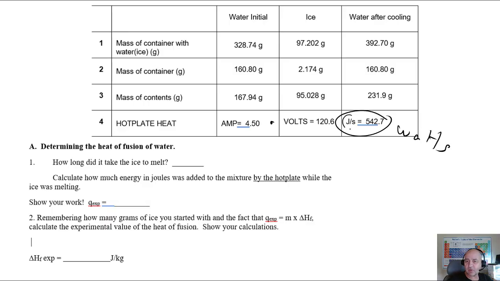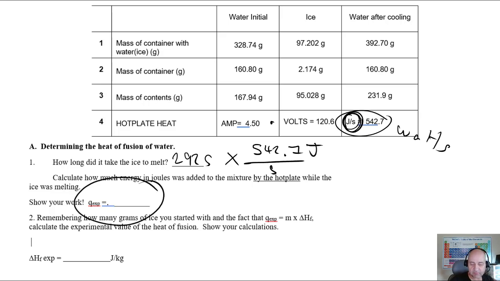And so this turns into watts, turns into joules per second, and we can easily use that to calculate the heat output from the hot plate. So if this first part took 292 seconds, all you do is multiply that by the 542.7 joules per second to get Q here, okay?